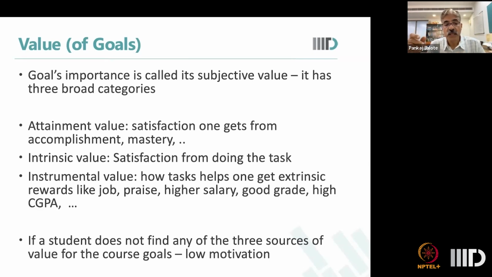You have to see. If a student does not find any of these three sources of value for the course goals, the student is likely to not have much motivation. Okay, so we ought to be able to show the student that there is some intrinsic value. For example, you'll understand the limits of computing in a theory course. You will understand what can be done and what cannot be done.